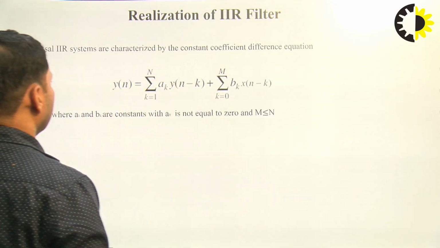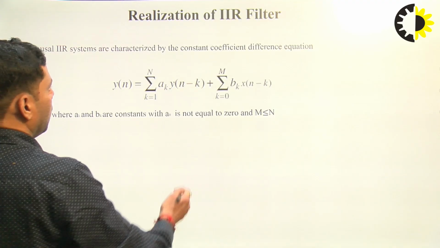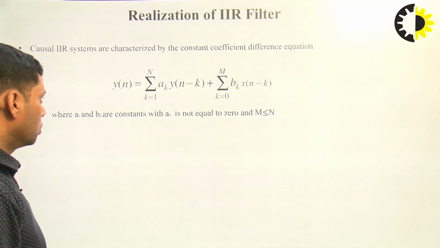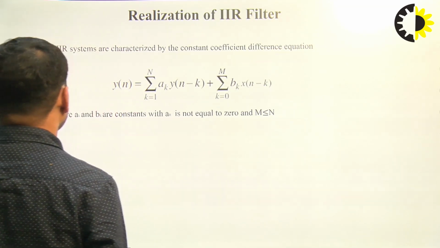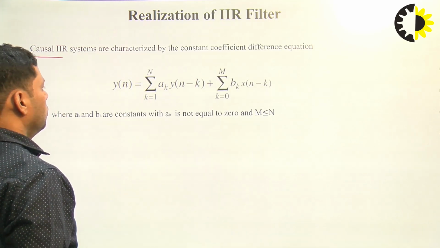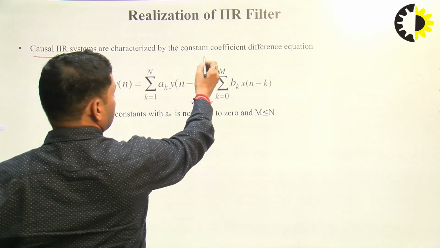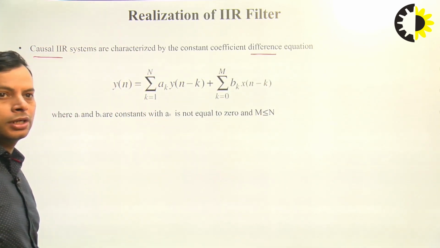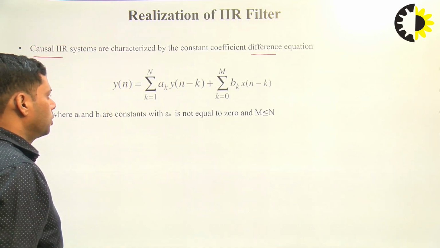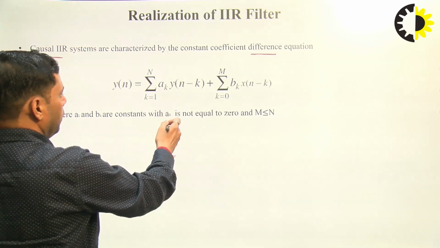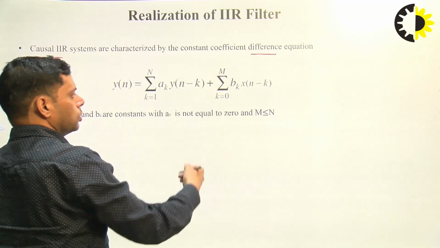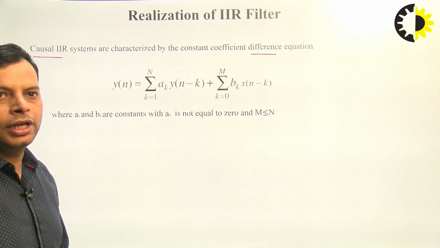When we are realizing any IIR filter, IIR is nothing but the infinite impulse response filter. The causal IIR systems are characterized by the constant coefficient difference equation for an LTI system, which is given by y of n is equal to summation of k equals 1 to N a_k y of n minus k plus summation k equals 0 to M b_k x of n minus k.